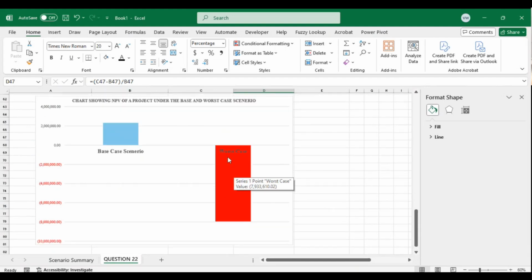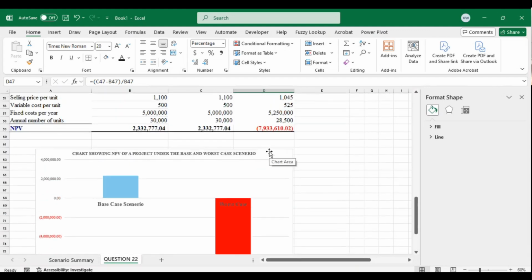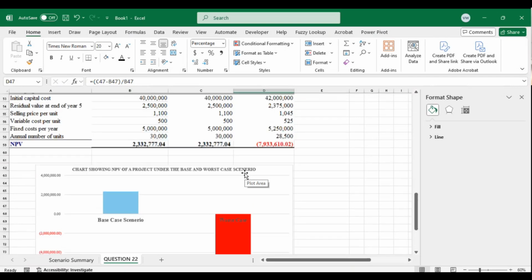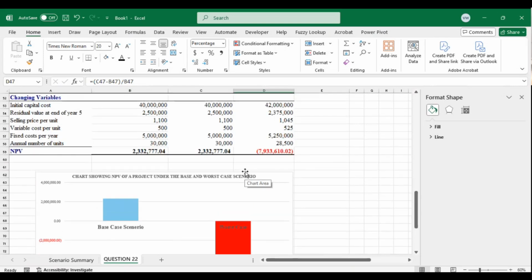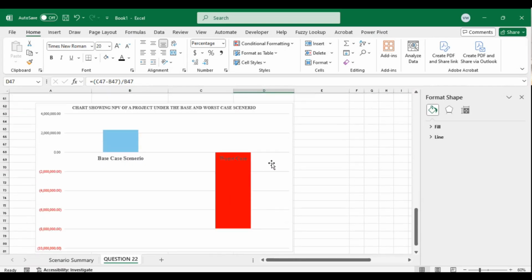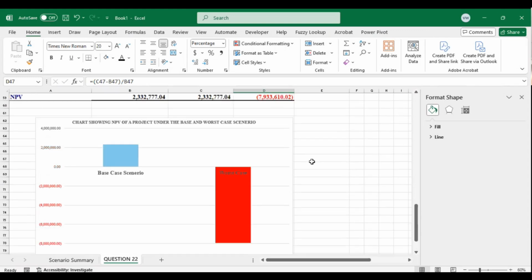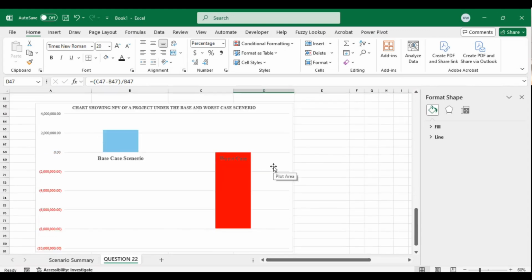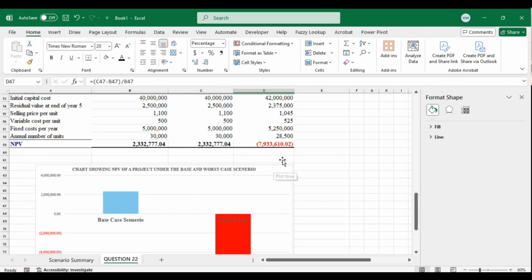And you can see that it is actually true. There is almost a 4 times decrease in the NPV under the worst case scenario. So that is it on how we answer this question.